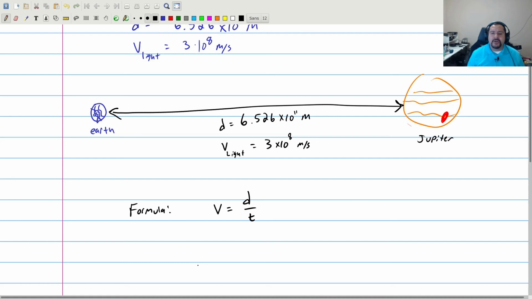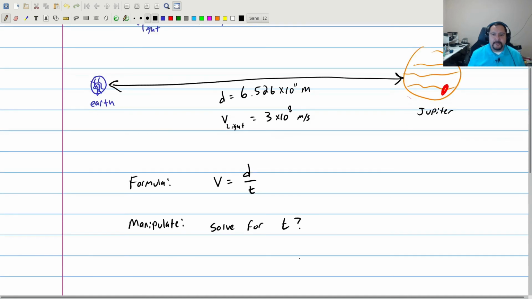We just want to know how long it takes. Okay, so then the next step is to manipulate this formula. So I want to solve for time. How long does it take to get to Jupiter?